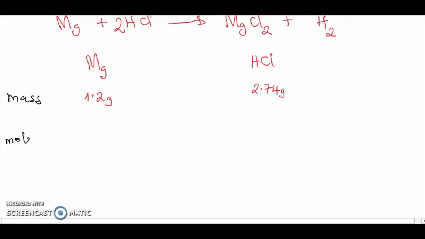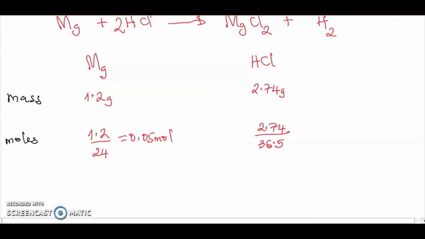So moles, we know that moles is mass divided by molar mass. The molar mass of magnesium is 24. So here we have mass 1.2 divided by 24. We have 0.05 mole. For hydrochloric acid, we have 2.74 divided by 36.5.